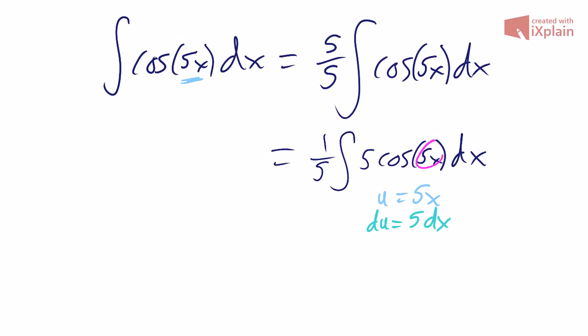Here's my u, that's 5x, and here's my du, 5 dx. In other words, I can replace things. So I have 1/5 integral, 5 dx gets replaced with du, and cosine of 5x gets replaced with cosine of u.